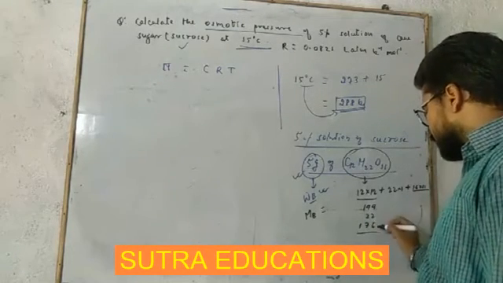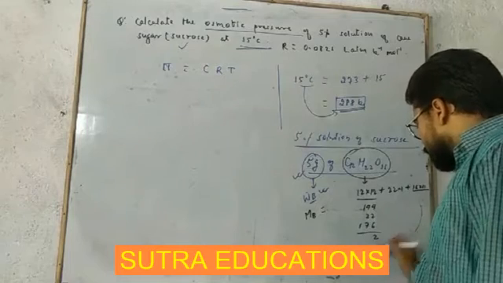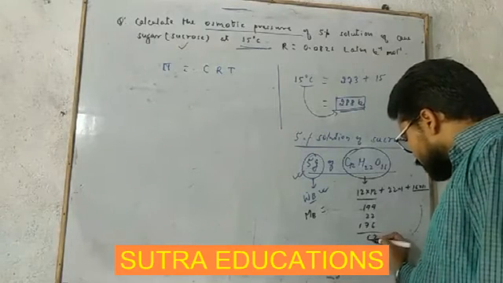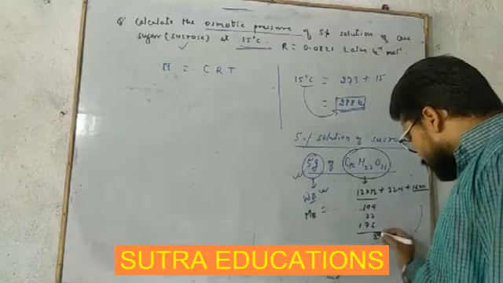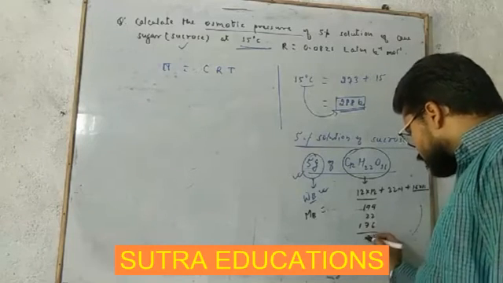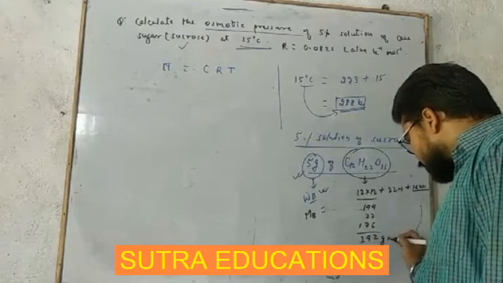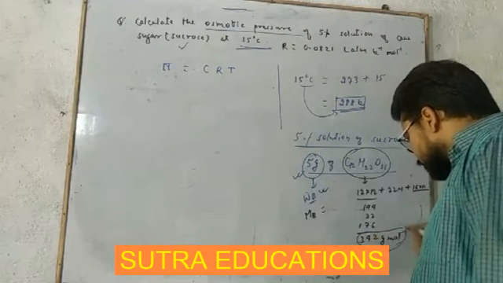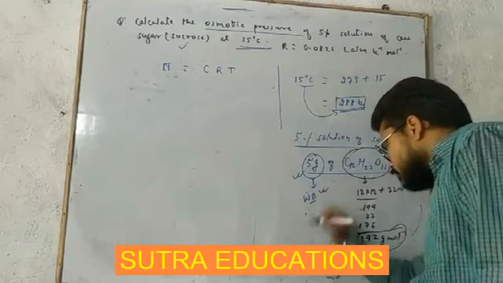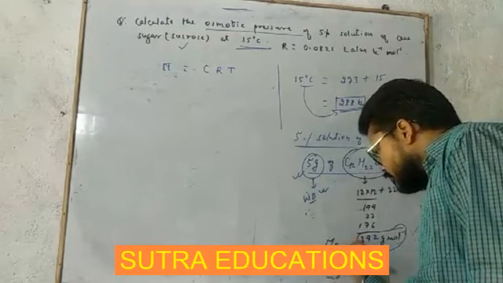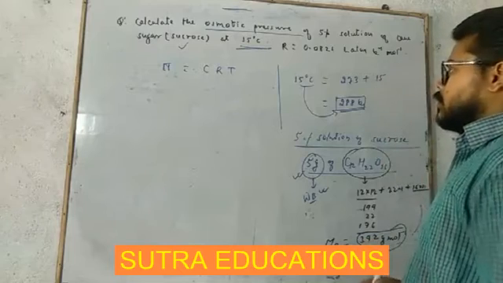So it will give you 342 gram mole inverse. This is MB, the molar mass of solute.